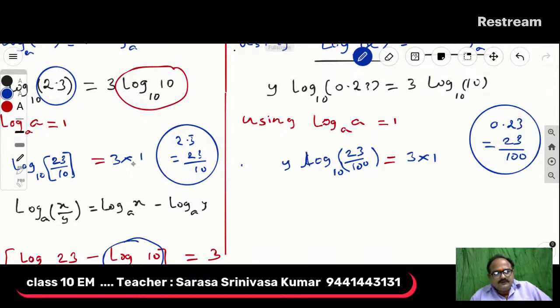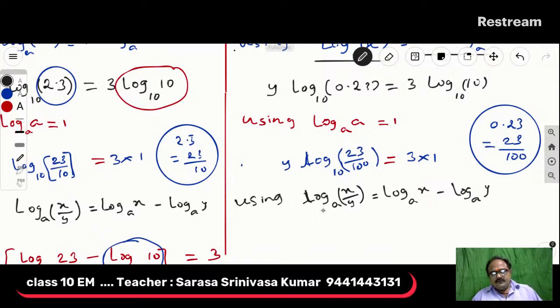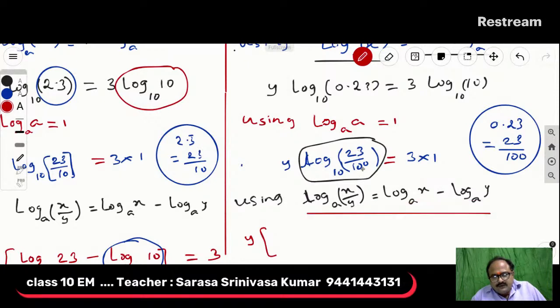Now, using the formula log x by y to the base a equal to log x to the base a minus log y to the base a, this part log 23 by 100 can be written as y multiplied by log 23 base 10 minus log 100 base 10.